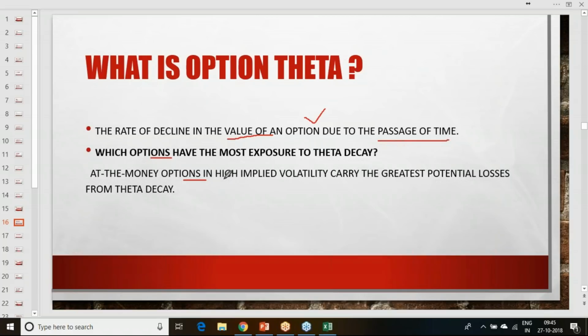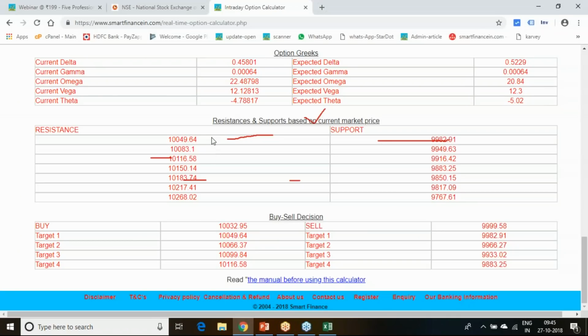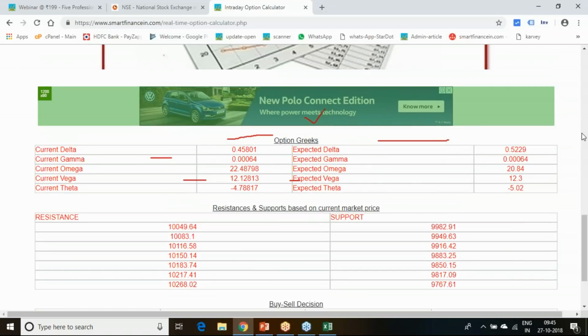At the money option has the highest implied volatility and it has the potential to lose more money over time. You have seen theta here 4.78, which says every one day passage will lose 4.78 rupees. And when we have holidays, that impact will come in the first day itself.